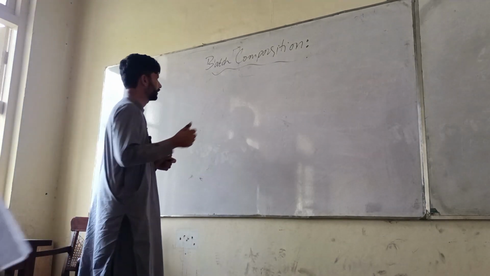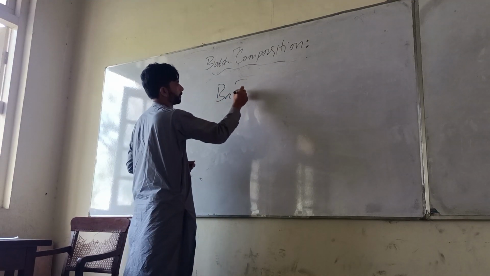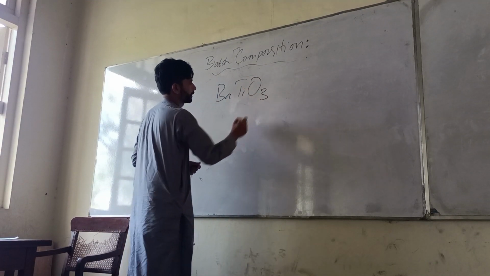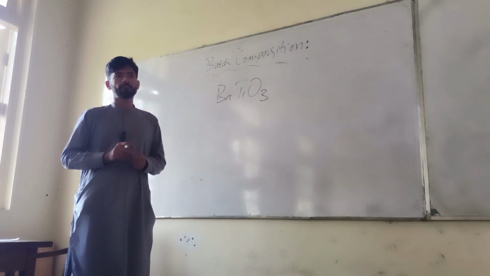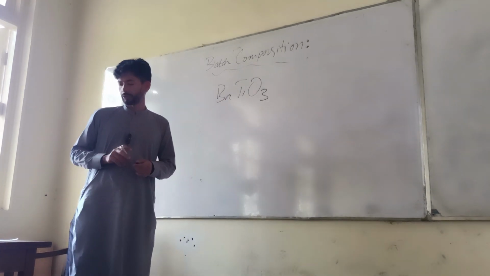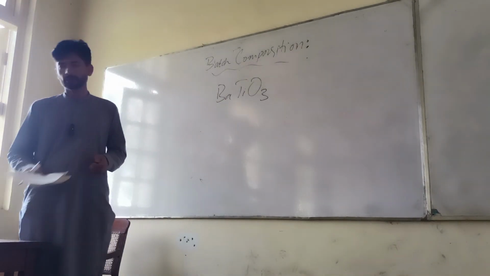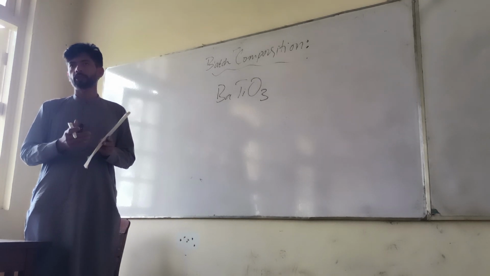Okay, so the base composition process of barium titanate was already discussed, and that was your assignment: to do the same calculation on paper and then on the software and then compare them in terms of percent errors.